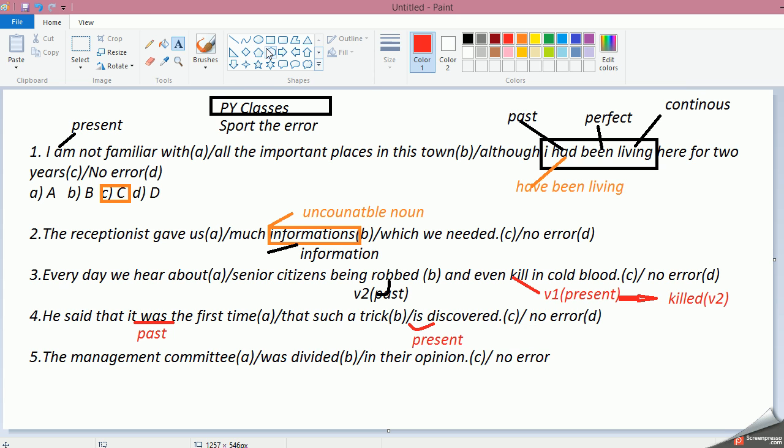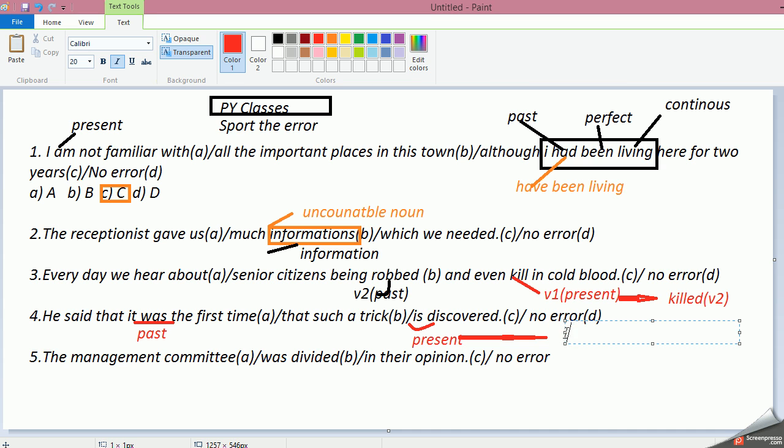Instead of is, I have to use was. Then the sentence is going to be correct.